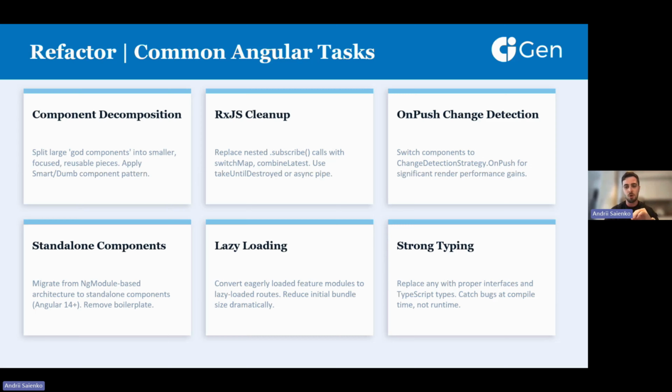Migrating away from NgModules reduces boilerplate and makes the code base easier to reason about. The next step is lazy loading, which is often the fastest way to improve initial load time, splitting routes into separate chunks so only what the user needs gets downloaded upfront.